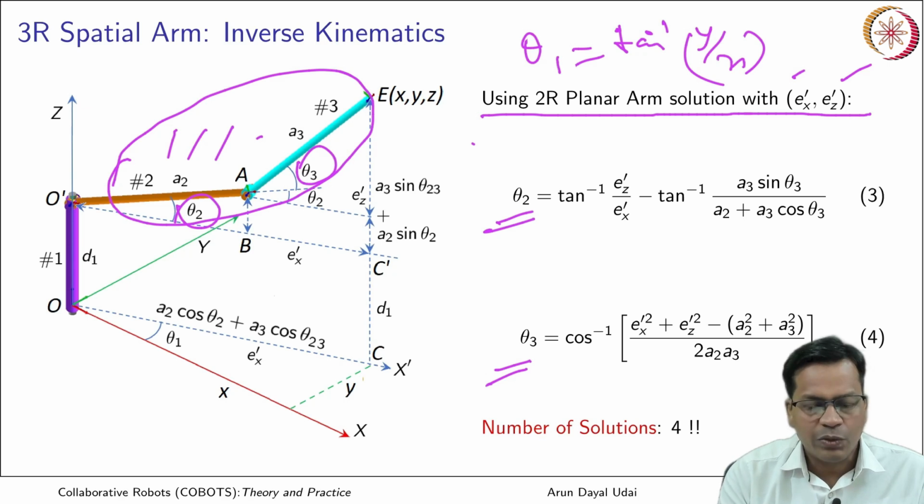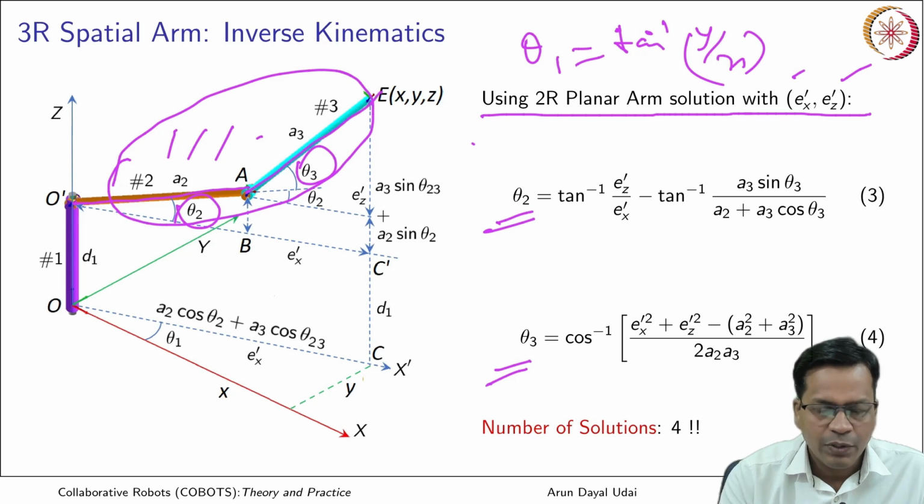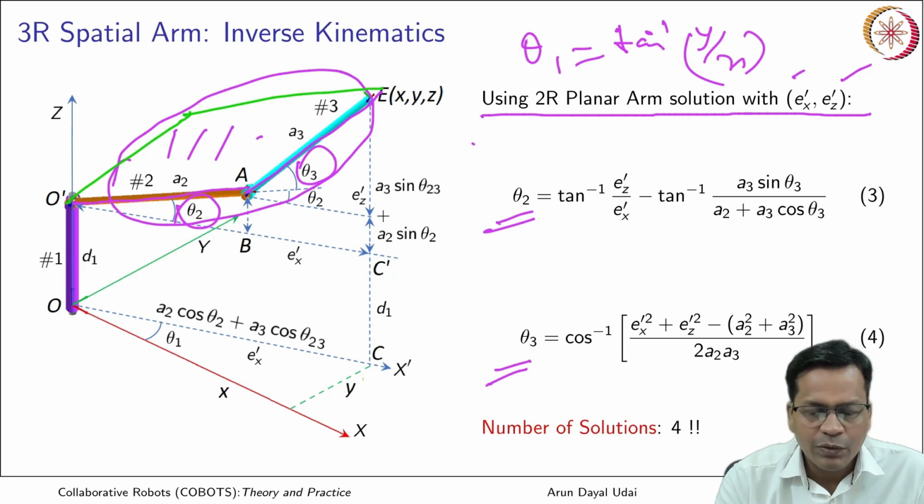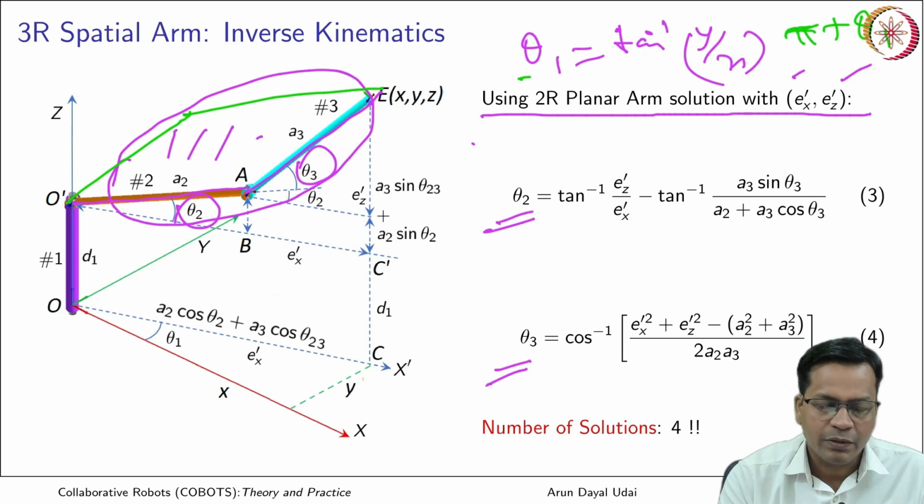So now how many solutions does it have? You have already seen the second link and the third link can have two positions. This is elbow down which is drawn here. This could be the elbow up position. Again theta 1 could be theta 1 or pi plus this theta 1. Is it not?